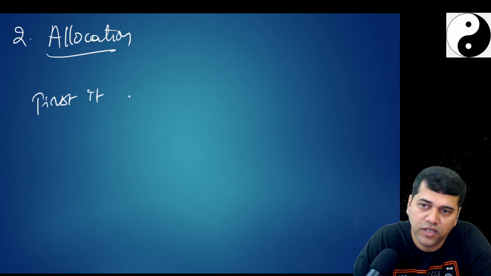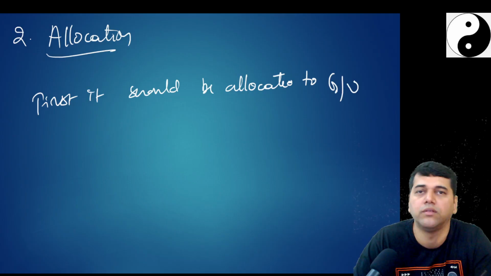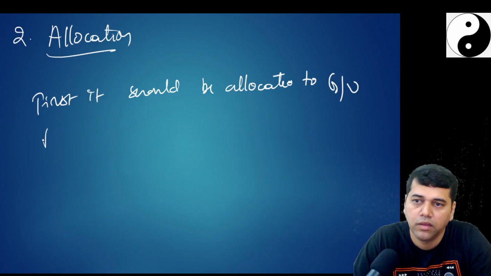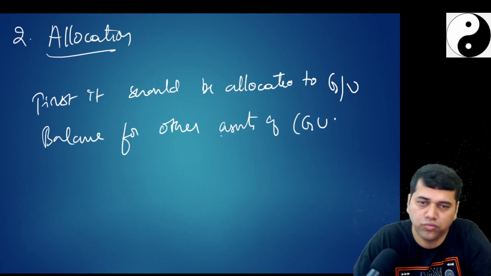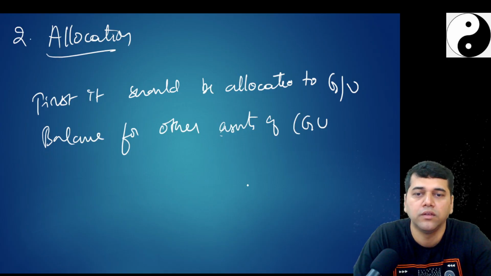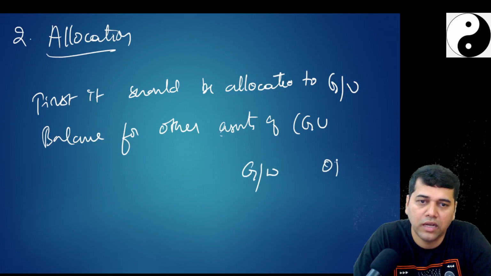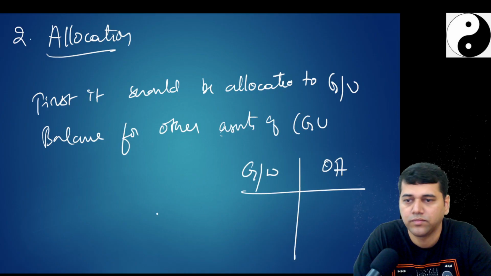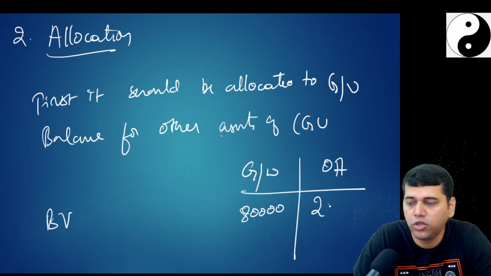First, it should be allocated to goodwill. Balance for other assets of the CGU. First you give to goodwill. If you remember, we have done similar working there. We'll write the heading goodwill, other assets. What is your book value? 80,000. 2,88,000.